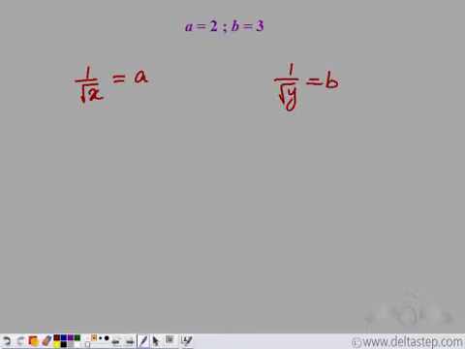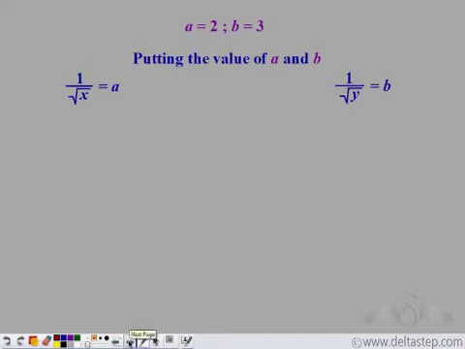These are the substitutions which we had made. Let us use these substitutions and these values to solve for x and y. So putting the value of a and b now, 1 by root x becomes equal to 2, because a is equal to 2 is the solution which we have got.